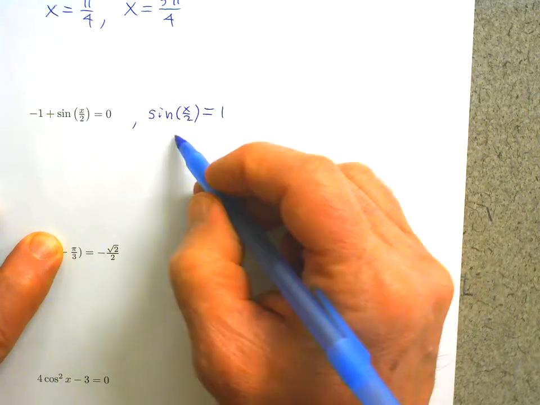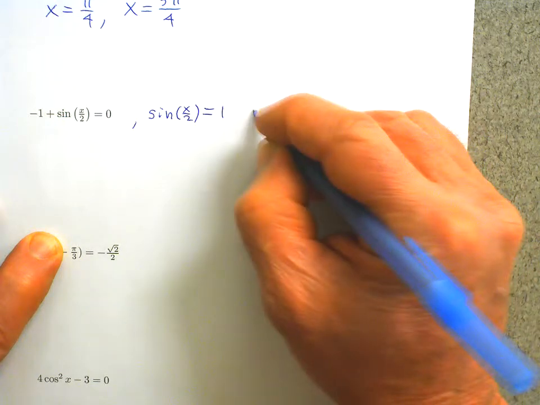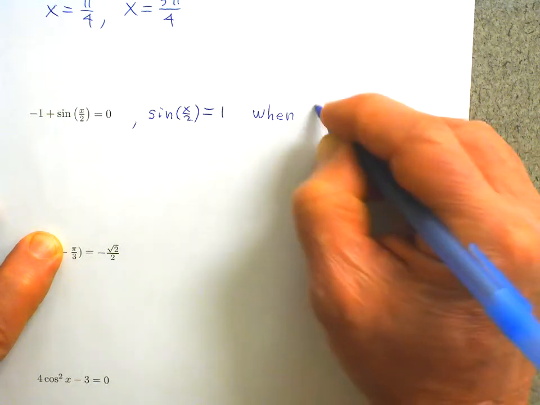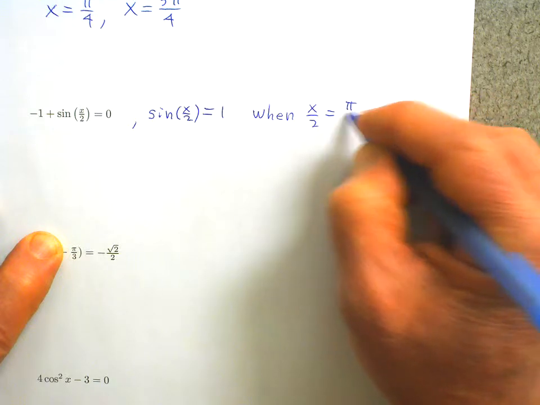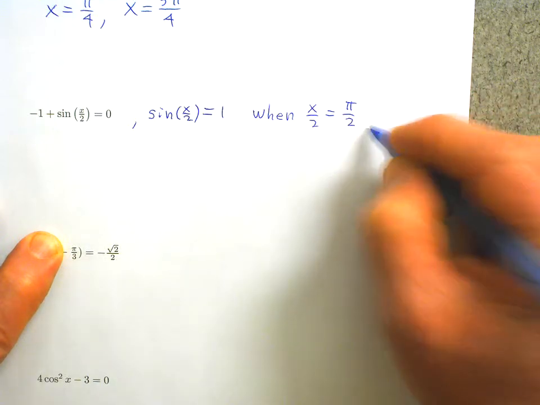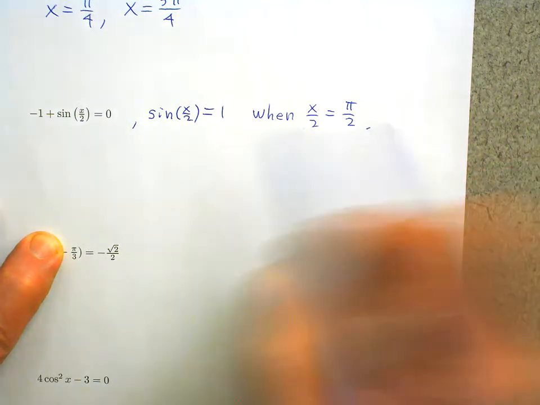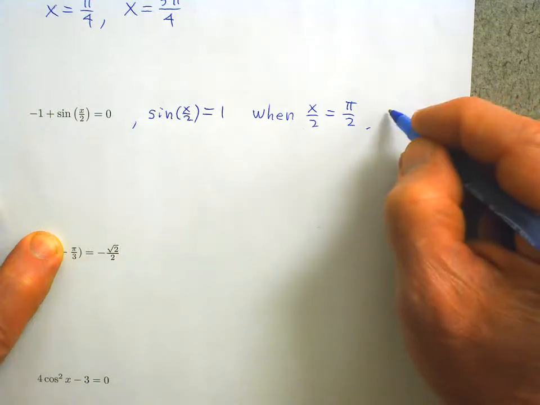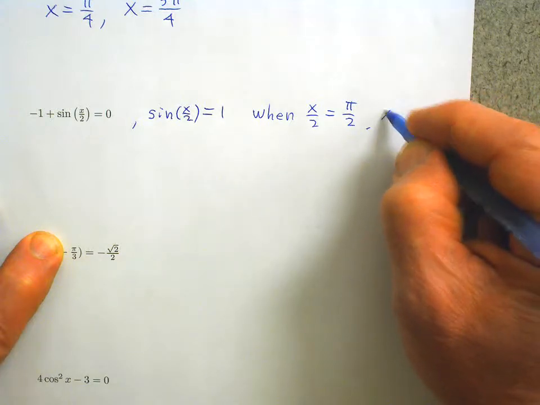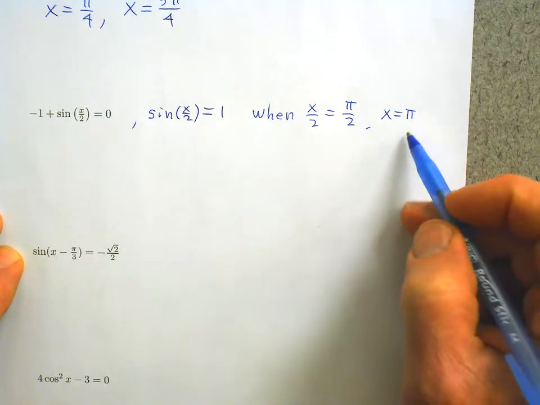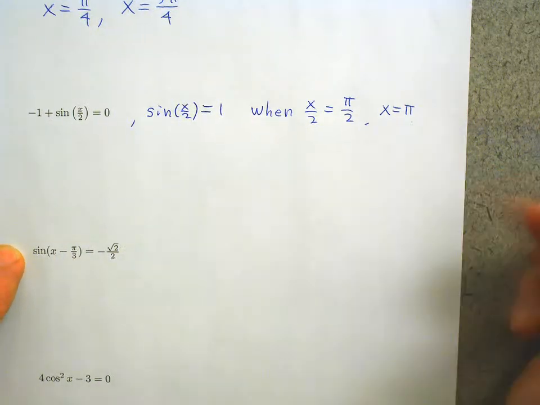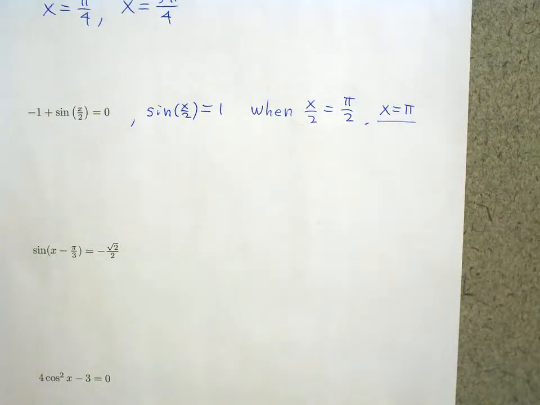And we know that sine of x over 2 equals 1 when x over 2 equals pi over 2. So we solve for x. X equals pi. Well, pi is between 0 and 2 pi, so that's the only solution.